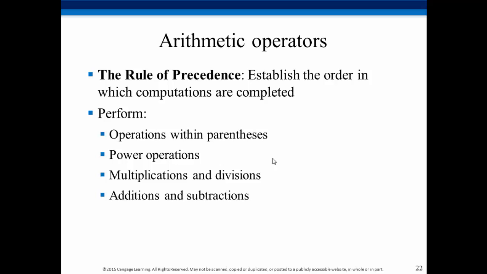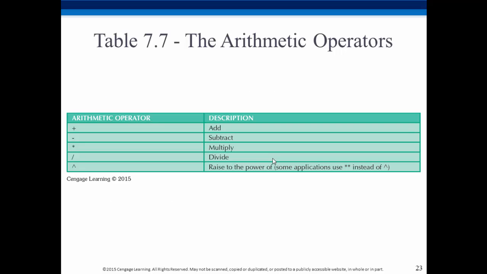It shows you your arithmetic operators there in table 7.7, and then remember your order of precedence: within parentheses, then power operations, then multiplication and division, and then addition and subtraction is last. And it will work from left to right. It will do this in order from left to right. Arithmetic operators.